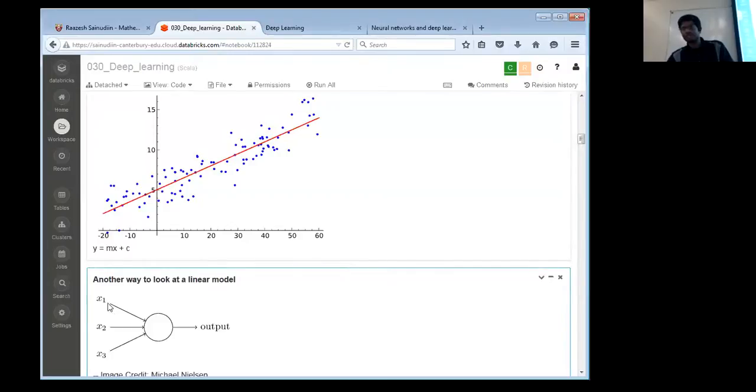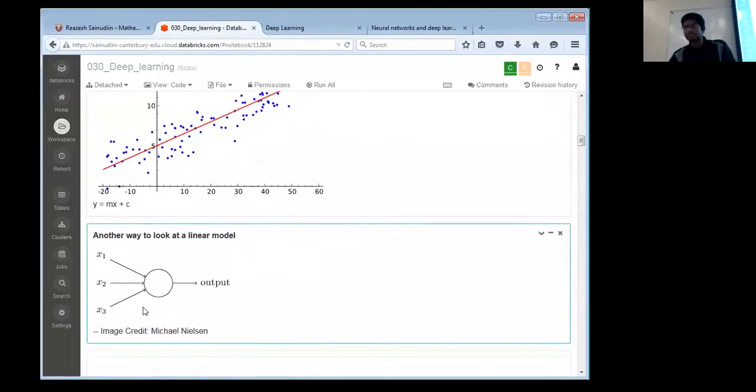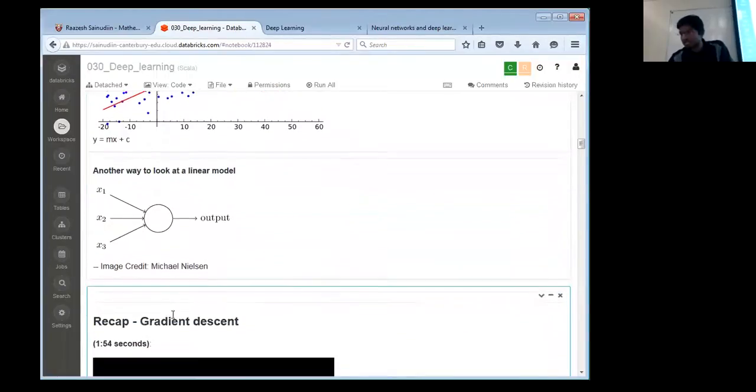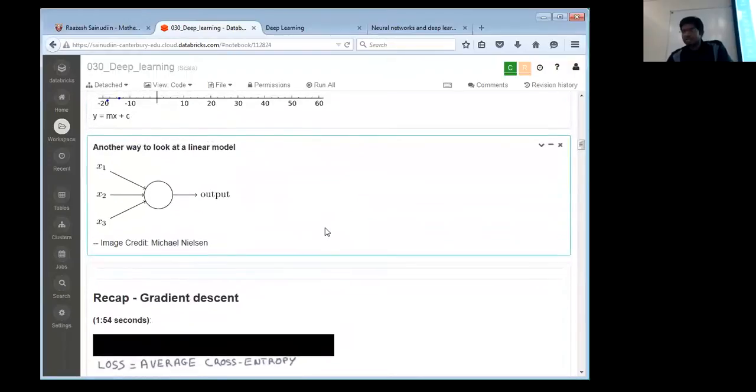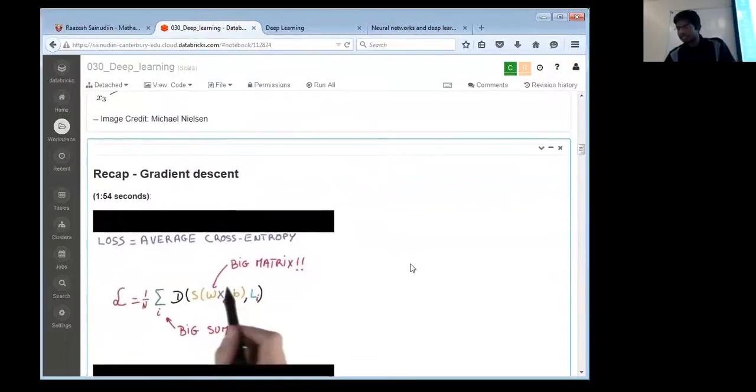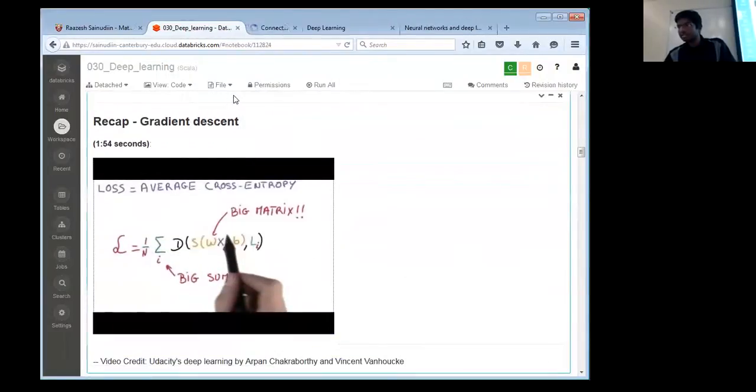So for some value of x1, x1 into some a plus x2 into some b, that will give you the output, and we are trying to minimize that particular cost. The reason I'm showing you this image now will become clear when we go further down. The way we optimize that and reduce the cost is through gradient descent. So I'll play this video, again done in the Udacity course.